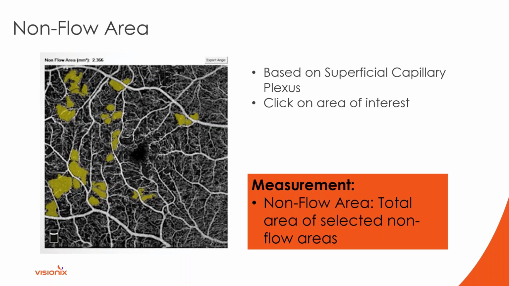So let's say you were interested in looking at this particular area over time. You just take your mouse, click it, it's going to turn yellow, and up here it's going to automatically summate the amount of no flow in the designated areas. Once again, this is another way of assessing or tracking progression over time in a pre-designated area.